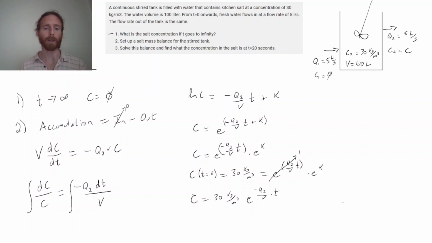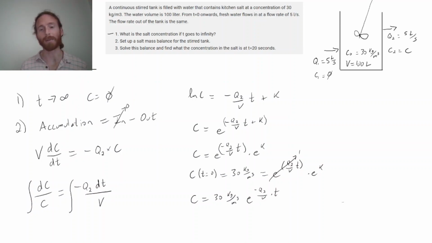Start by looking at the units. We know that the units of concentration are going to be mass per volume. Here this is the initial concentration, mass per volume, great. So we expect that this part of the term will be dimensionless because we're multiplying by the units that we want, the target units. So let's check.